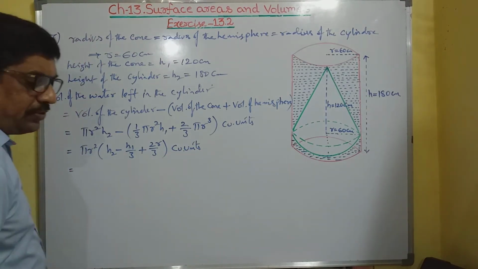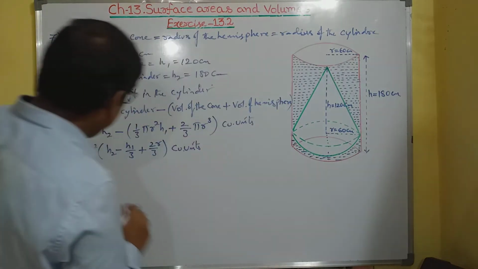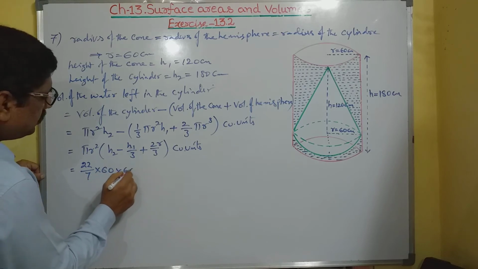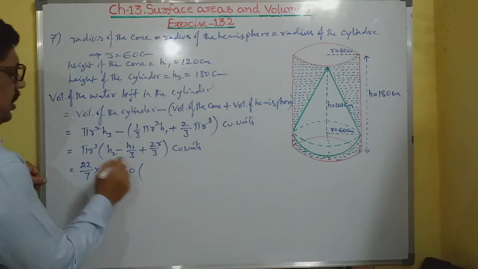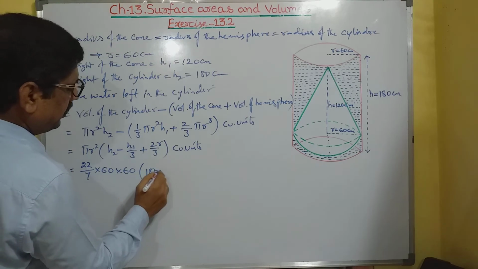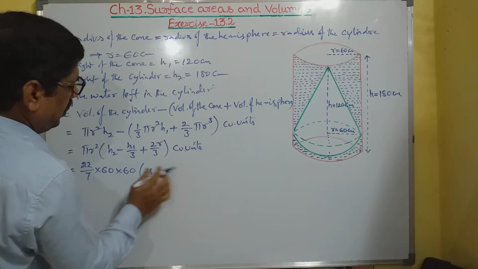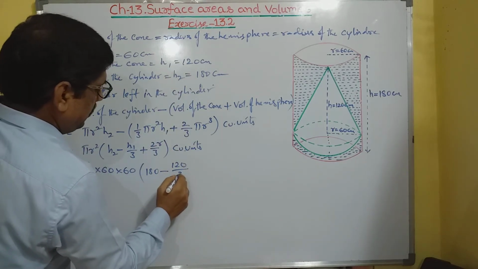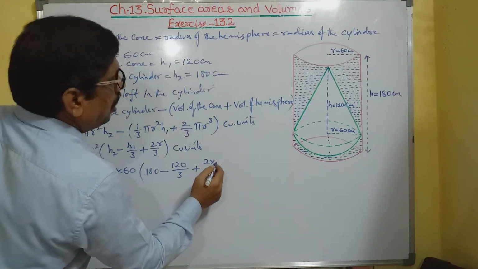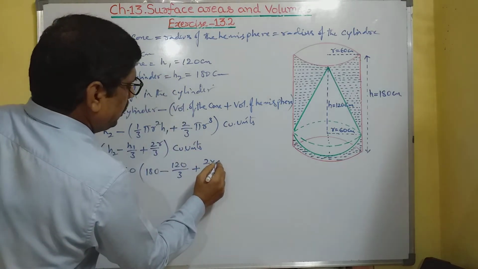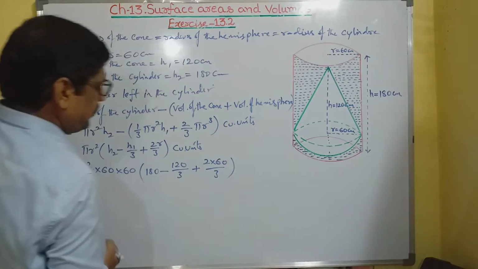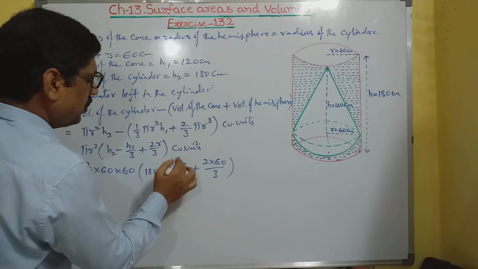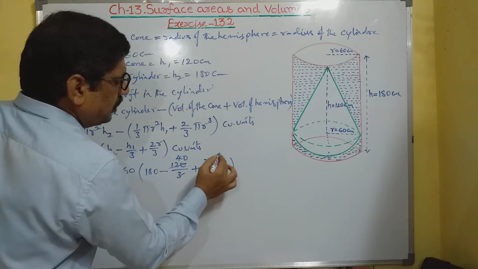So what is the pi value? He has not given it, so we can take it as 22 by 7. Into radius 60, 60 into 60, h2 is 180 minus, and what is h1? h1 is 120 by 3 plus 2 into r, radius 60, by 3. Now let us simplify this. 120 by 3 is 40, 2 into 60 by 3 is 40.